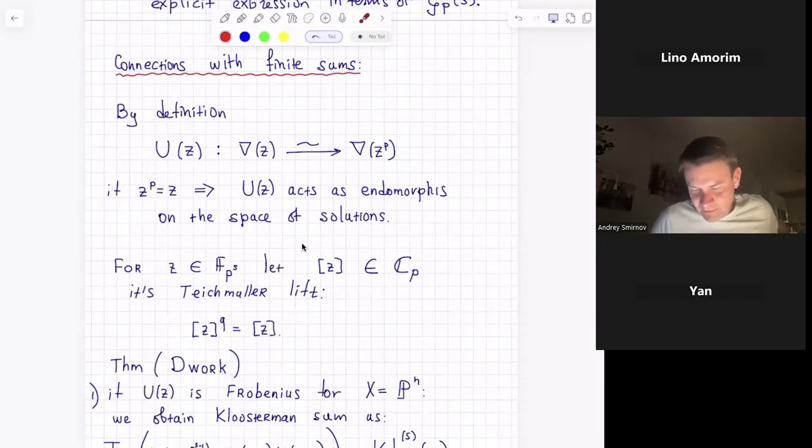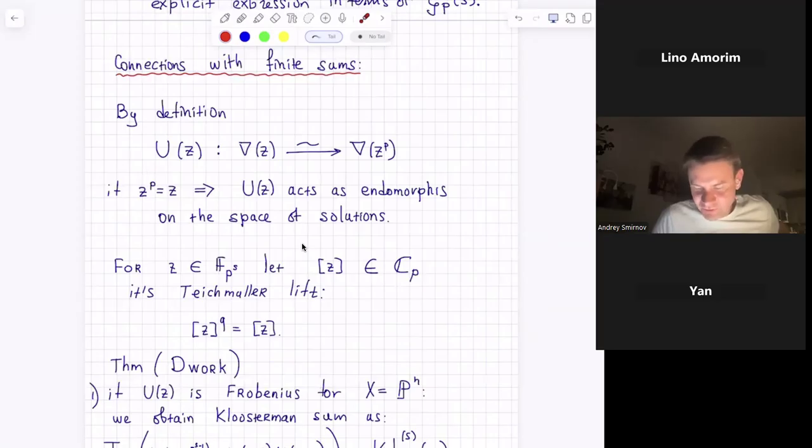And now, if you specialize these Frobenius intertwiners to points where z to the power p is equal to z, then it actually maps one space to itself, right?